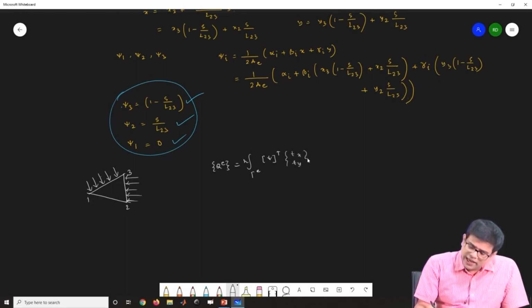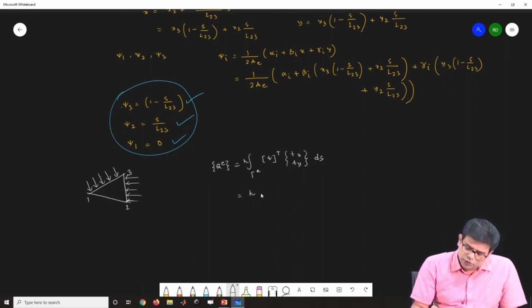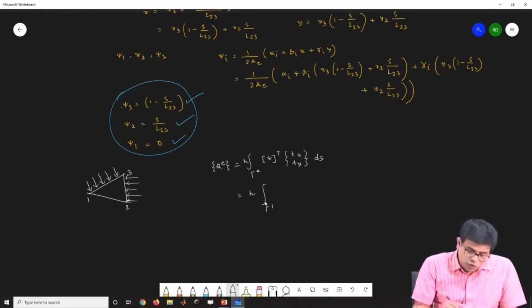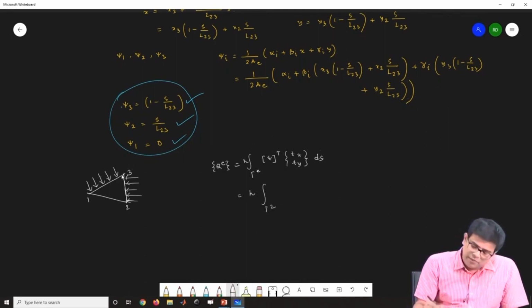This quantity can be divided into 3 boundaries. Suppose you have lambda 1, there is no force, so you don't need to compute lambda 1. Only this side, gamma 2, and this side, gamma 3.